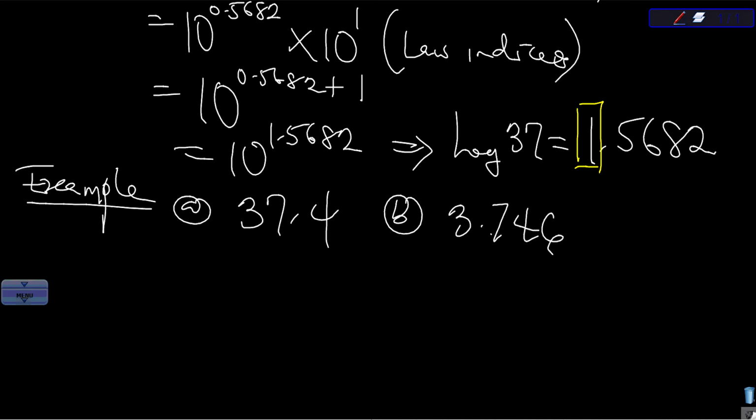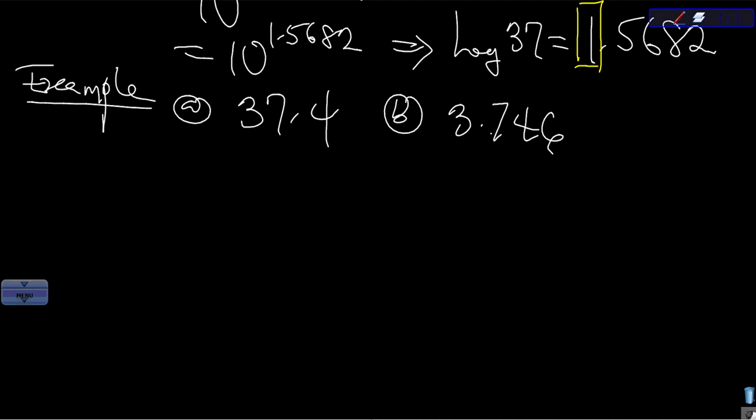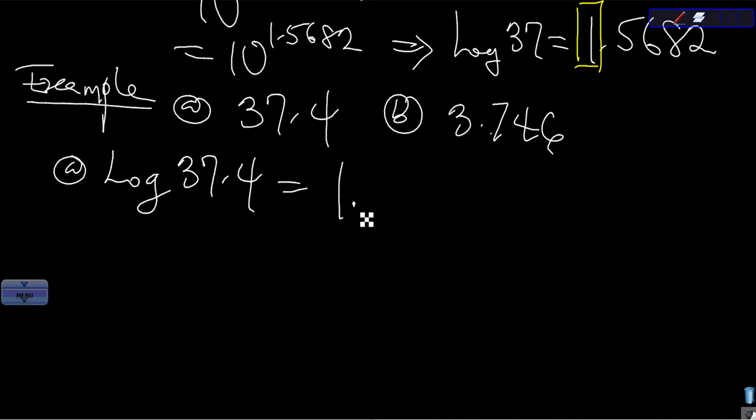Let's look at these two values. What is surely going to be their logarithm? For the first case, we need to figure out that log 37.4 will be 1 point something. From what part? Because 37.4 in standard form is the same thing as 3.74 times 10 raised to the power 1.